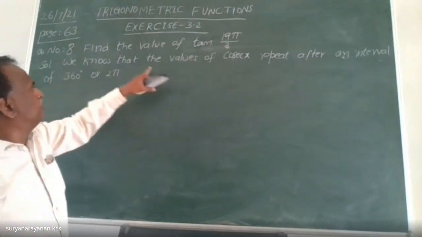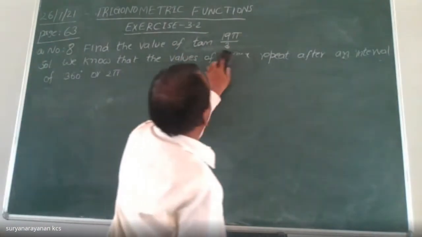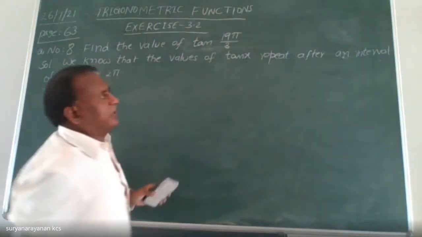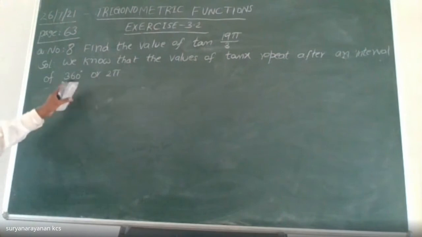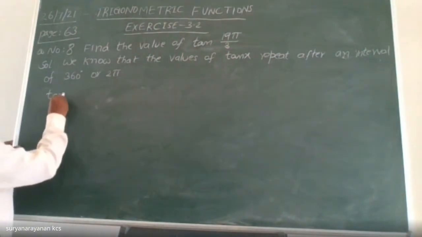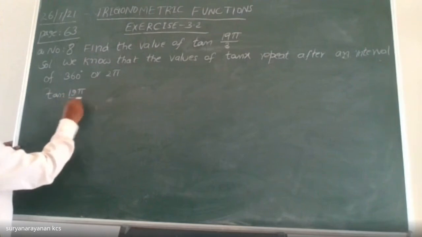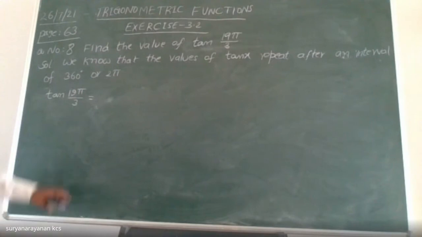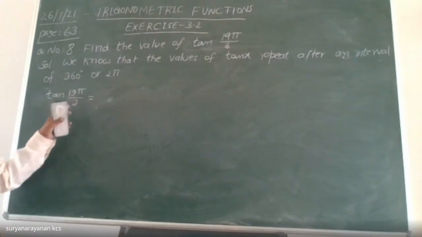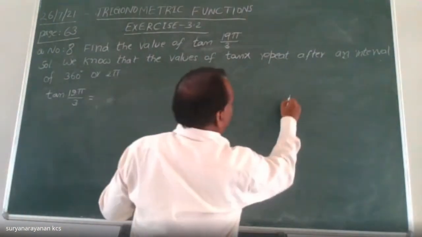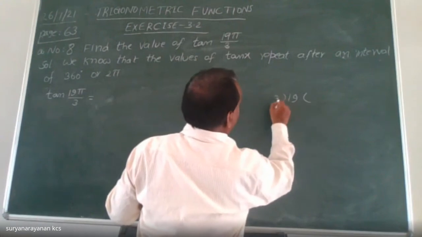We know that the value of tan x repeats after an interval of 360 degrees or 2 pi. Now tan 19 pi by 3. Now divide 19 by 3.